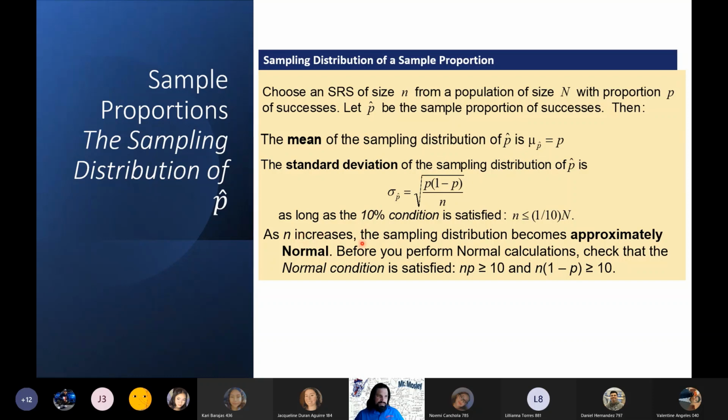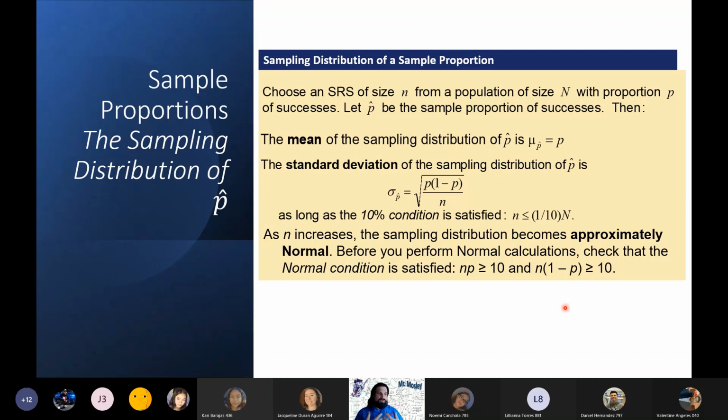As n increases, the sampling distribution becomes approximately normal. Before you perform normal calculations, we need to check that the normal condition is satisfied, otherwise known as the large counts condition, which means there are greater than or equal to 10 successes, n times p, and greater than or equal to 10 failures, the other thing you weren't tracking, n times 1 minus p.